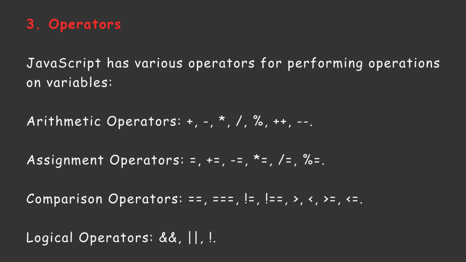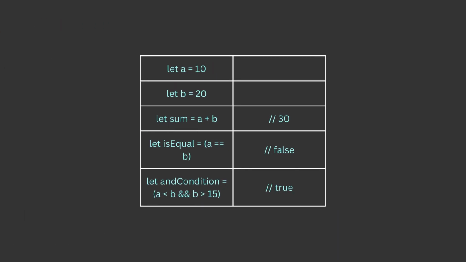Comparison operators. In this JavaScript code, a is assigned 10 and b is assigned 20. The variable sum calculates the addition of a and b, resulting in 30. The variable isEqual checks if a is equal to b, returning false. Lastly, the condition evaluates if a is less than b.